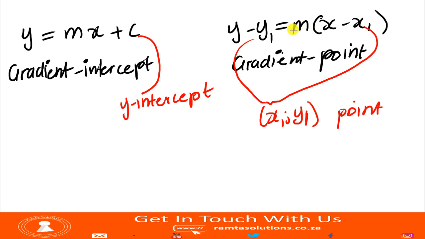So this is all that you need. By the way, I prefer using the gradient point form over the gradient-intercept form, if I can find my gradient. And I will show you.